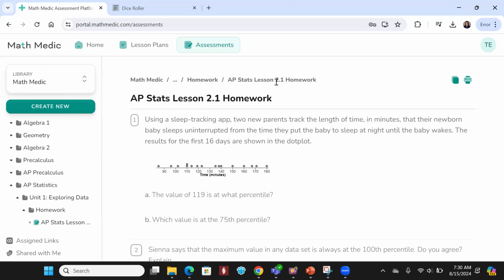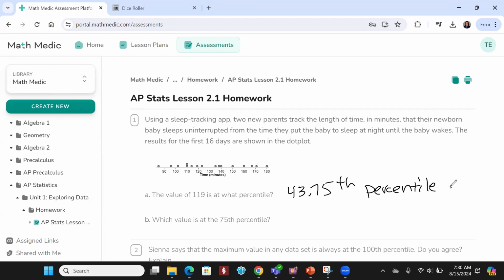So there was a discussion on whether or not you should round up. If this is multiple choice, it's probably going to make you round up. If it is short answer, you want to keep it at that 43.75. So you could say 43.75 percentile. If it was multiple choice, it probably would say 44.